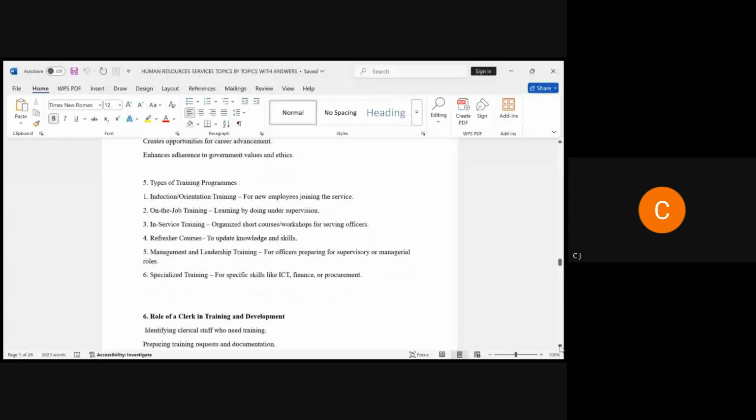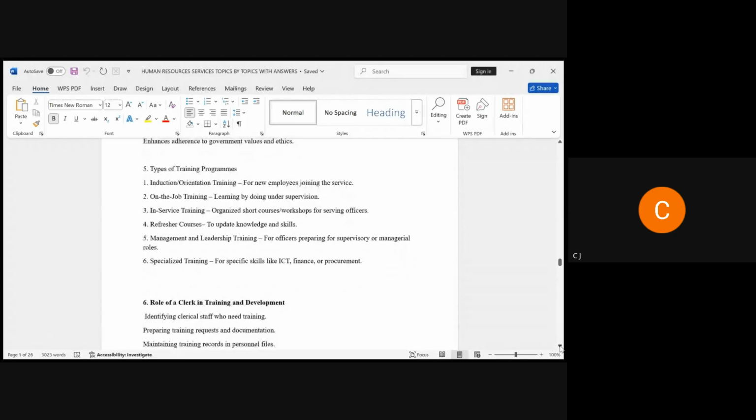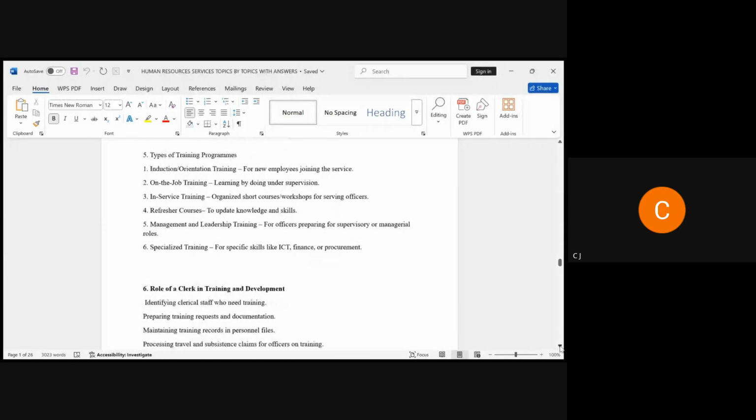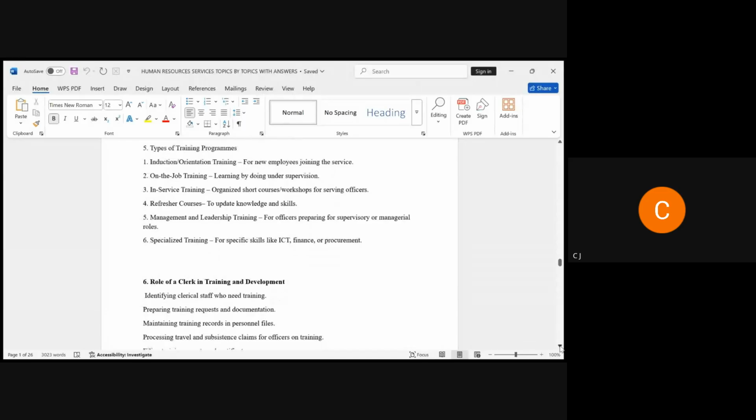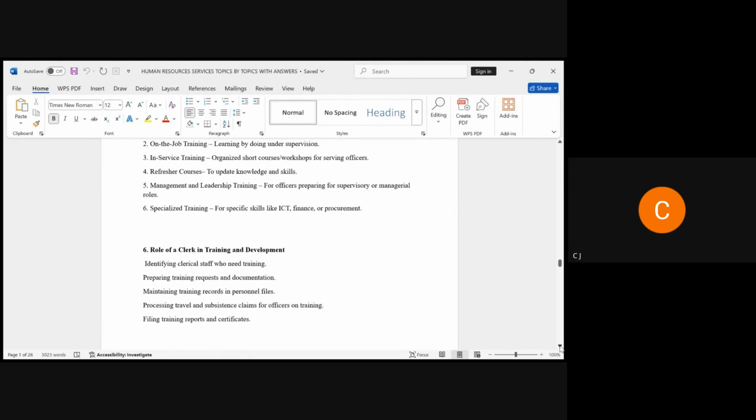First, identifying clerical staff who need training. Preparing training requests and documentation. Maintaining training records in personal files. Processing travel and subsistence claims for officers on training. Filing training reports and certificates.